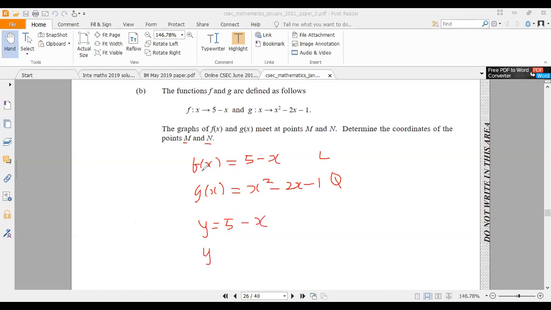Whether they have the f or the g, in this context they're actually looking for the coordinates where the two lines intersect. So you know it's a simultaneous equation they're asking for. So this one is y equals x squared minus 2x plus 1. Now, if they give you one linear equation and one quadratic, which method would I use?